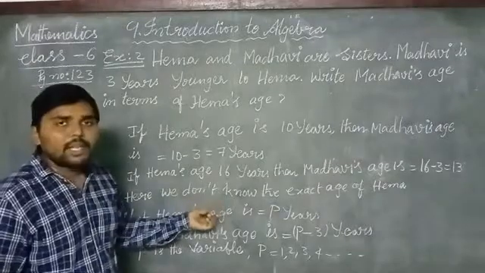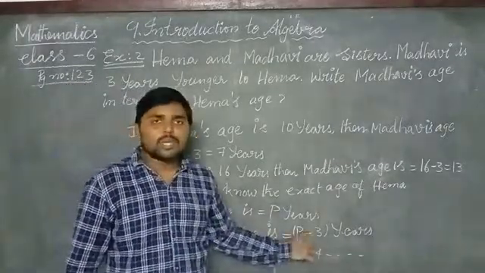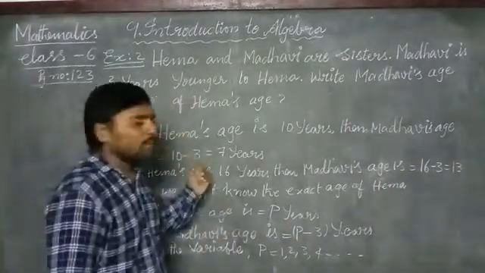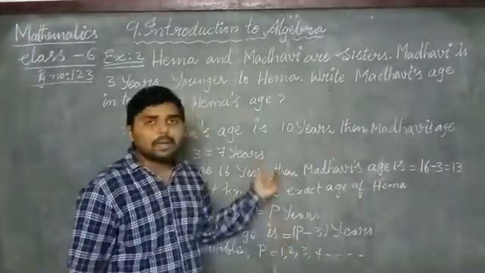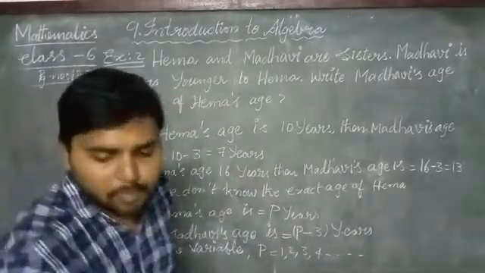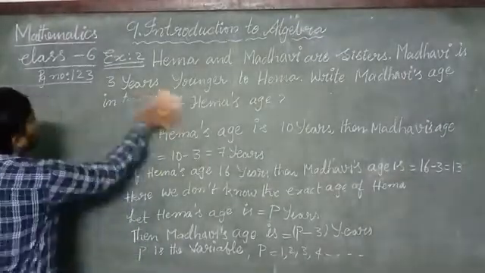We can take any value instead of P, like P starts from 1, 2, 3, 4 and so on. In this way we can write the pattern for the given problem. P minus 3 is the pattern for the given problem. Okay, now let us see more patterns in exercise 9.1.